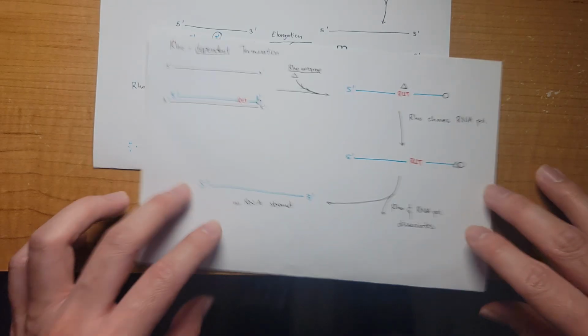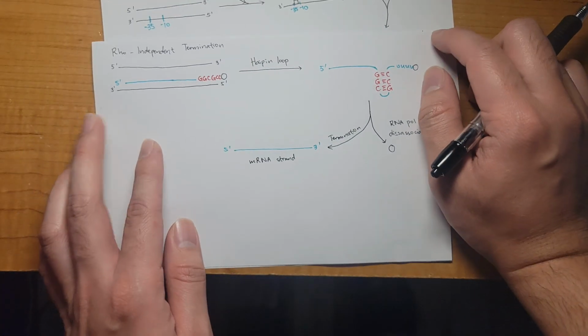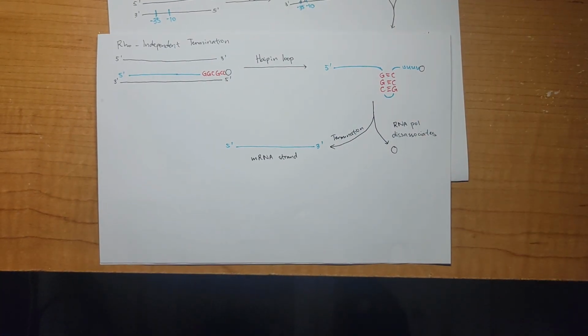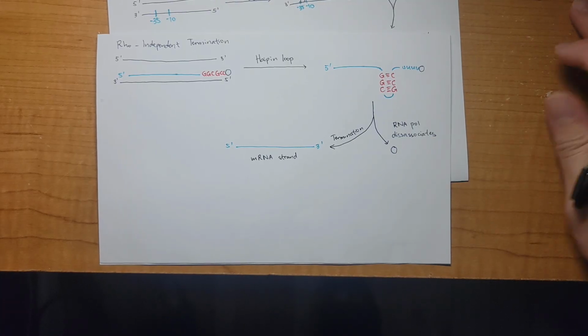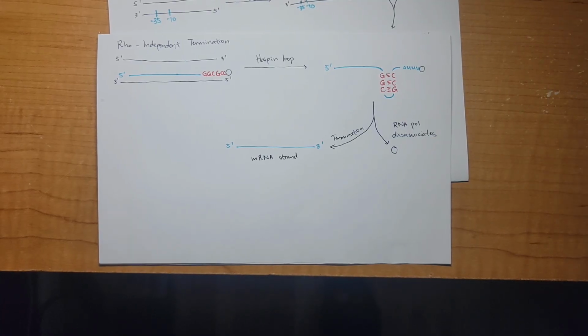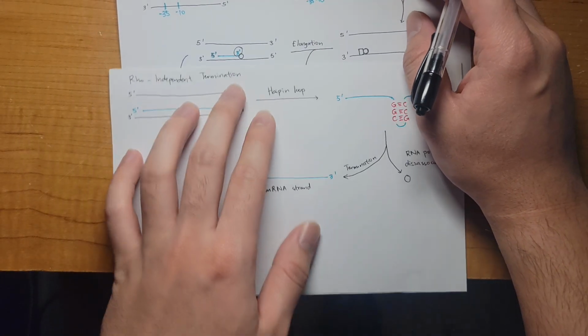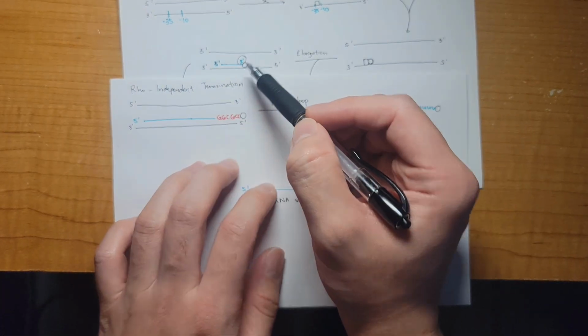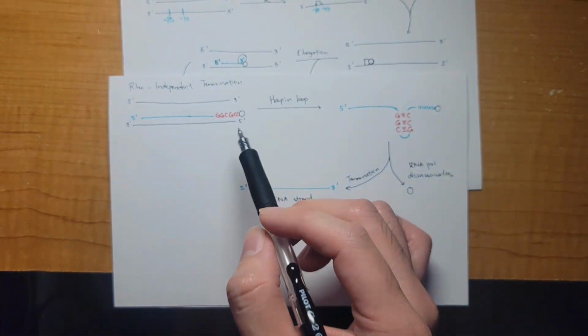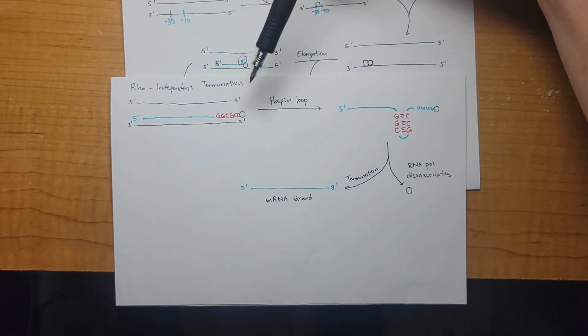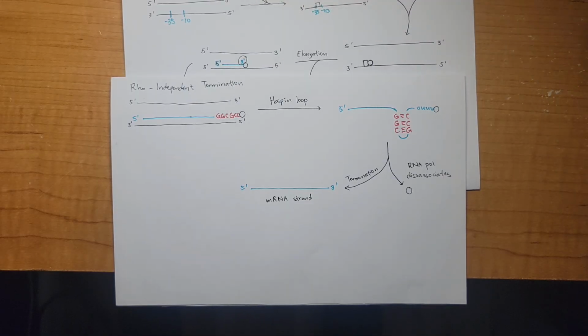Alright, so next one: rho-independent. It's not really hard, but it might be confusing. Let's say after elongation, RNA polymerase suddenly transcribes sequences like GGC, CGG, a rich sequence of Gs and Cs.